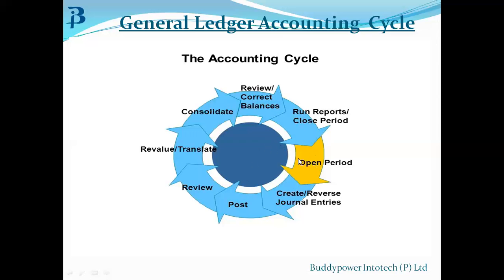Like yesterday when I was talking about budgeting, you can plan your budgets on a yearly basis or a monthly basis. All your financial reports, like your balance sheets, your income statement and everything, are based on a financial year. So at the end of every year, all your reports are generated. But in every month, you need to keep a record of all the transactions happening in your business.